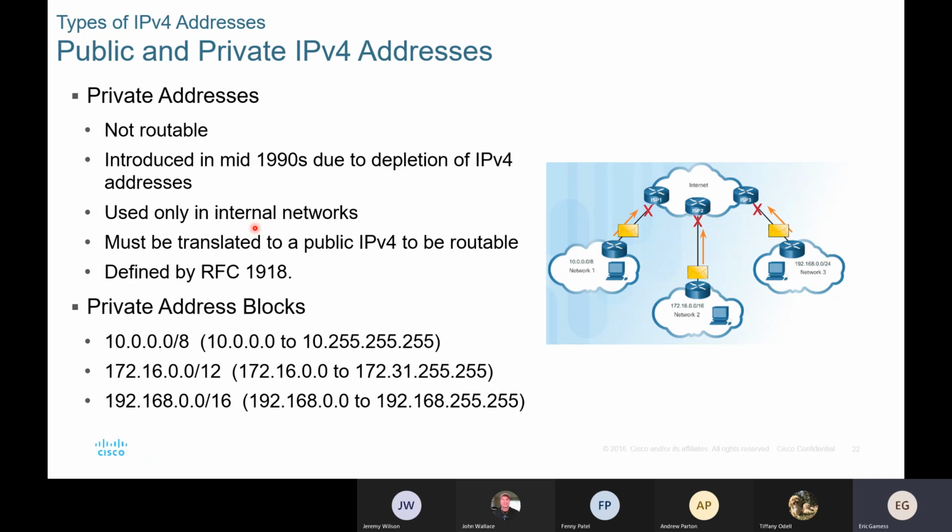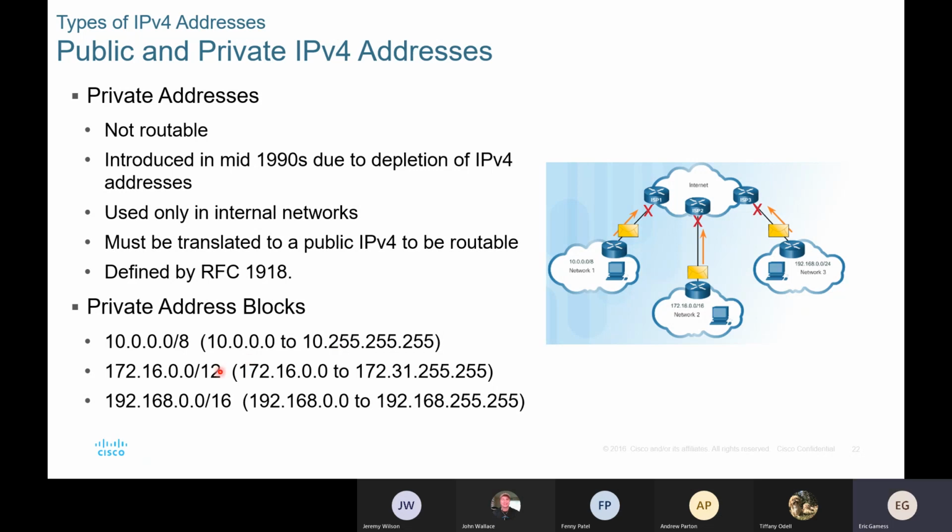Okay, so there are blocks of IPv4 addresses that are private. The first block is this block, 10.0.0.0/8. It includes all the IP addresses within this range. So all these IP addresses are private IP addresses.